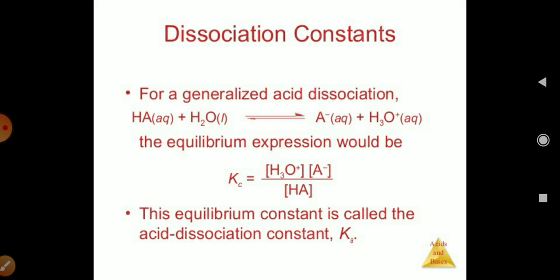The equilibrium expression would be Kc is equal to the concentration of products by the concentration of reactants. H2O is present in excess, so its concentration is negligible here. So Kc is equal to the concentration of H3O plus and A negative by HA. This equilibrium constant is called the acid dissociation constant, and it is denoted as Ka.